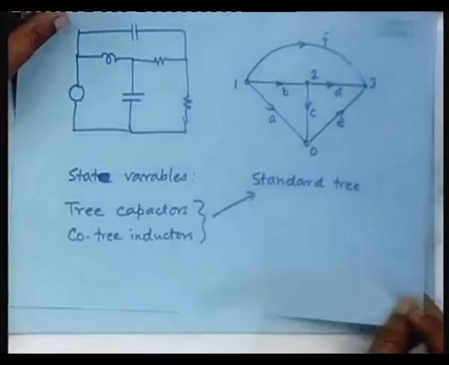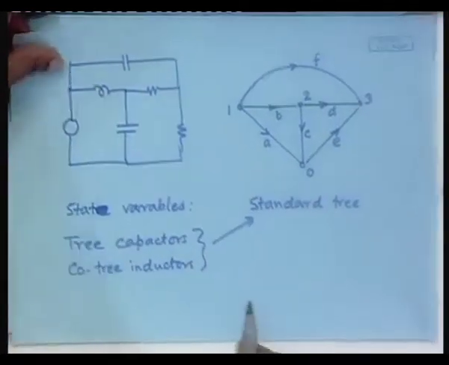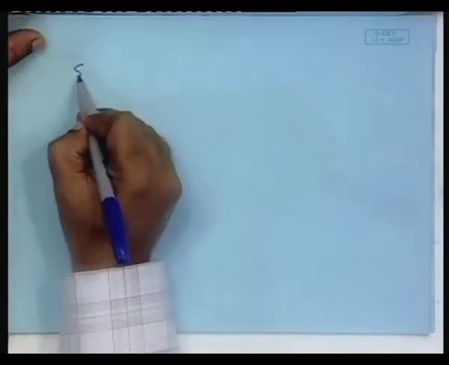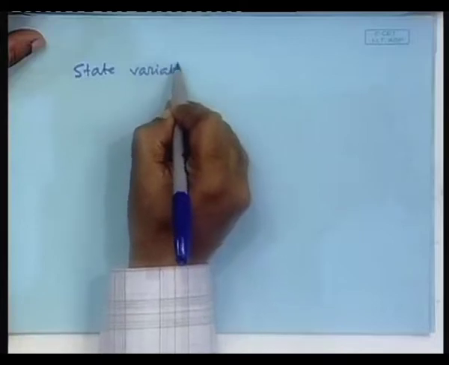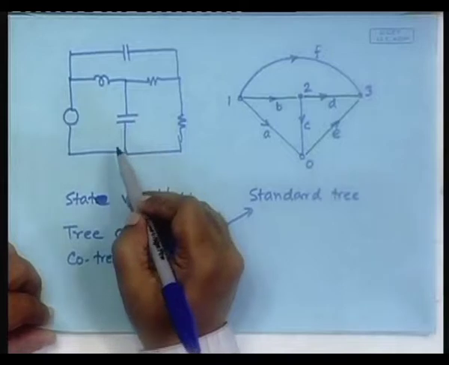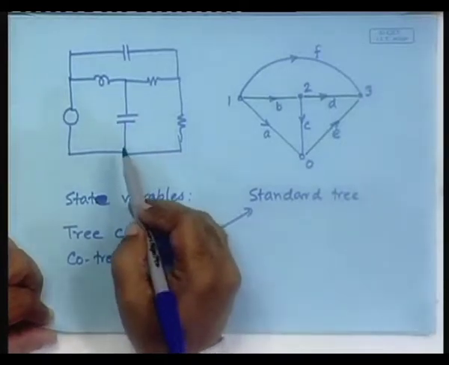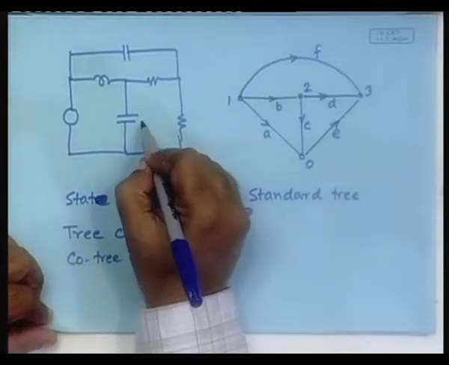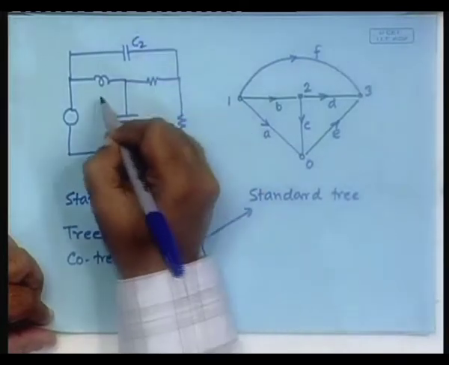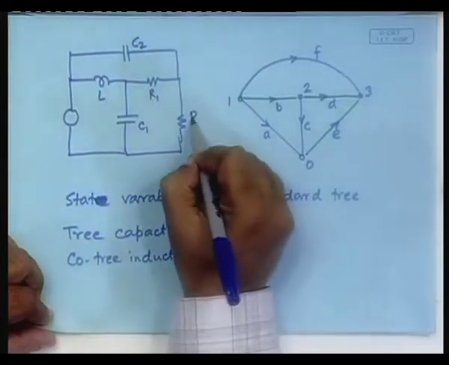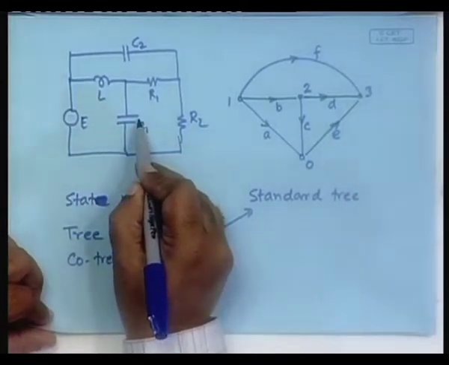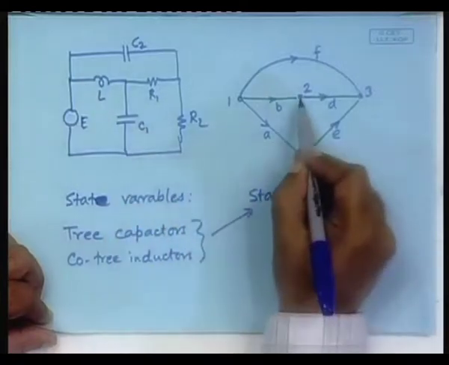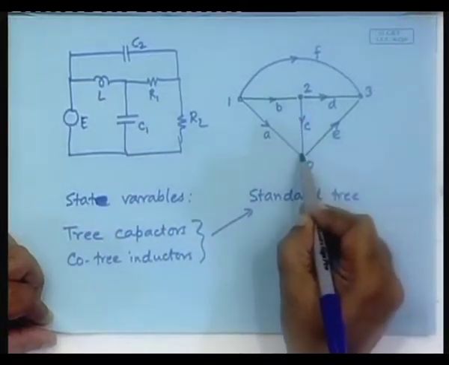So, now we have to identify the state variables. What are the state variables? State variables would be the capacitor voltages that are parts of the standard tree, which are the, this was our C1, this was our C2, L, R1, R2, E. Obviously, C1 voltage VC1 is one state variable because it is a part of the standard tree.